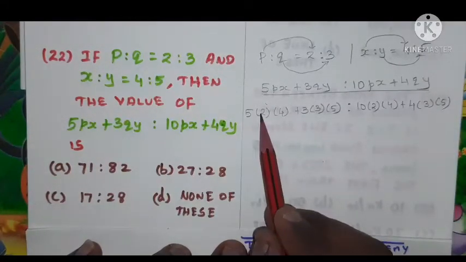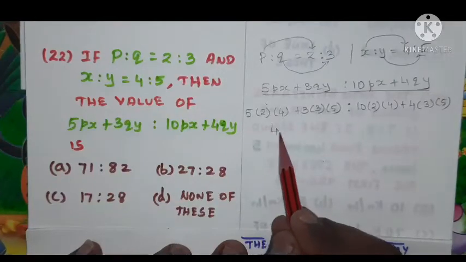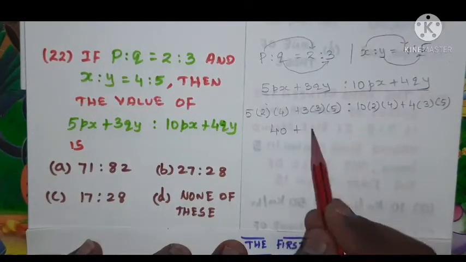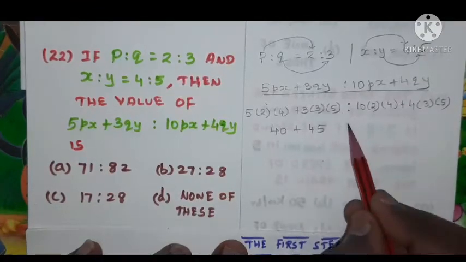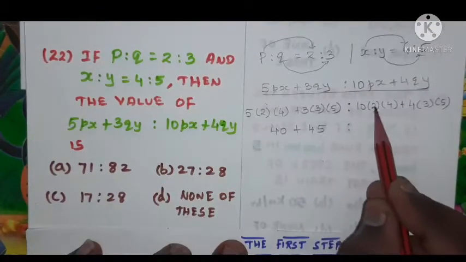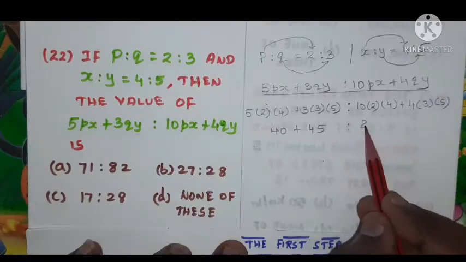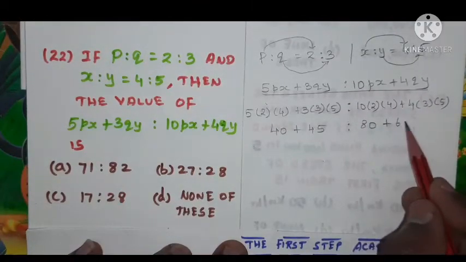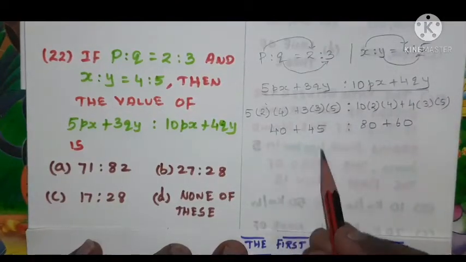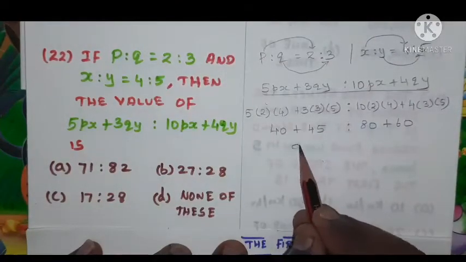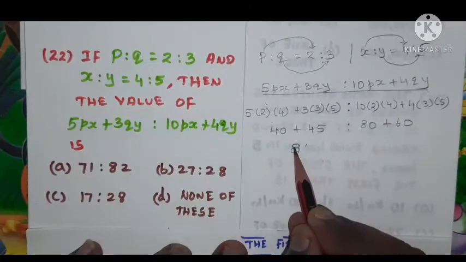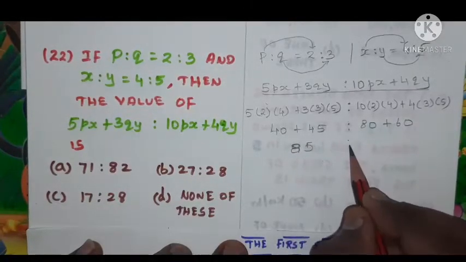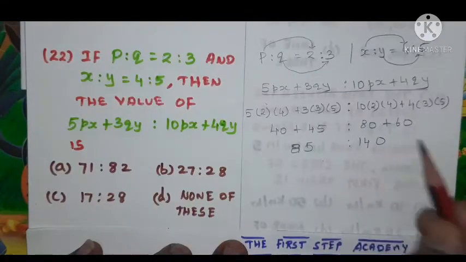Now 5 2s are 10, 10 into 4 is 40, plus 3 3s are 9, 9 5s are 45, is to 10 2s are 20, 20 into 4 is 80, plus 4 5s are 20, 20 into 3 is 60. Hence we'll get 85, 40 plus 45 is 85, is to 140.